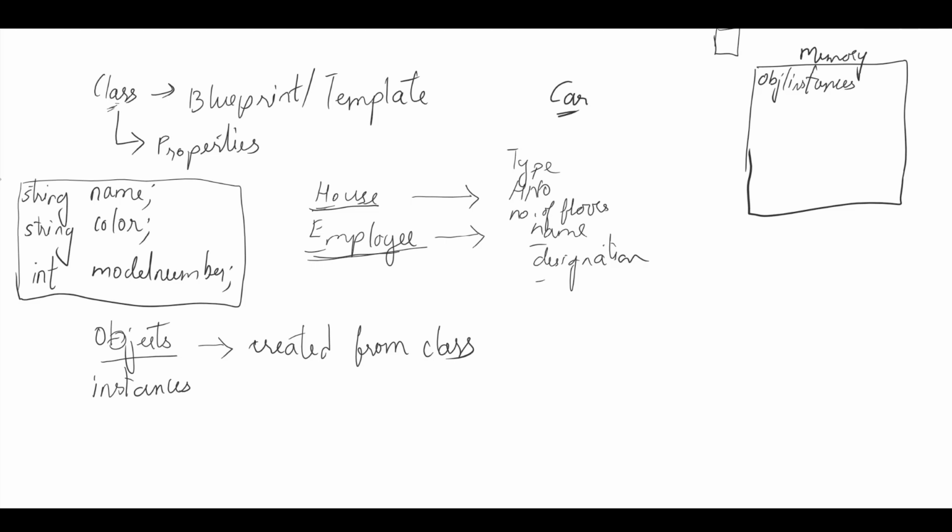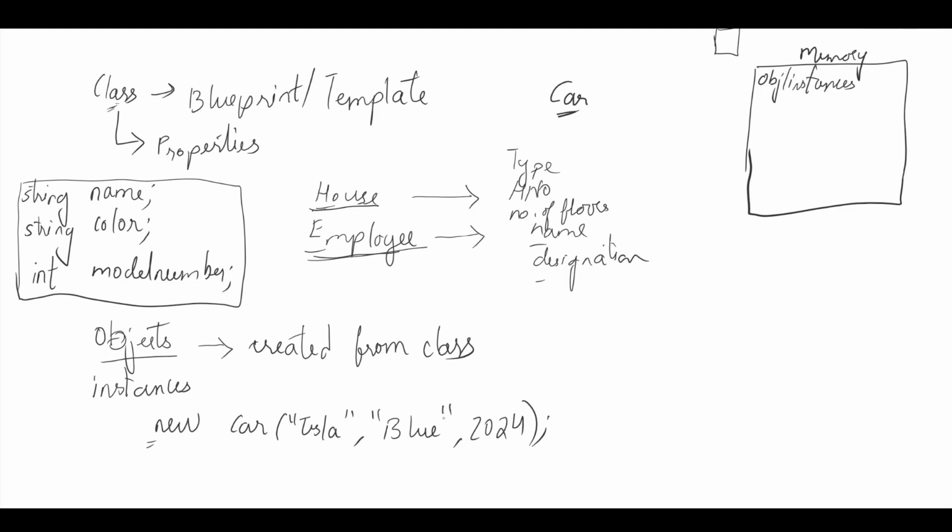Suppose I create an object of car. I'll use the new keyword, new car, and then I will give some name of the car, Tesla, some color, blue, and then some model, suppose 2024.